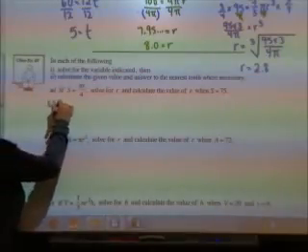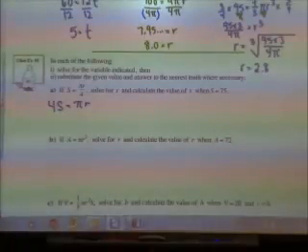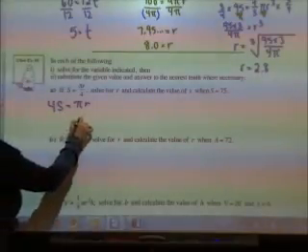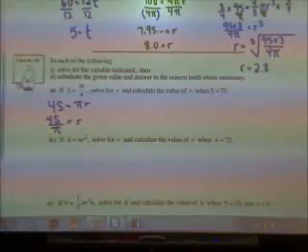Multiply by 4 first, and then divide by pi. So R would equal 4S divided by pi.